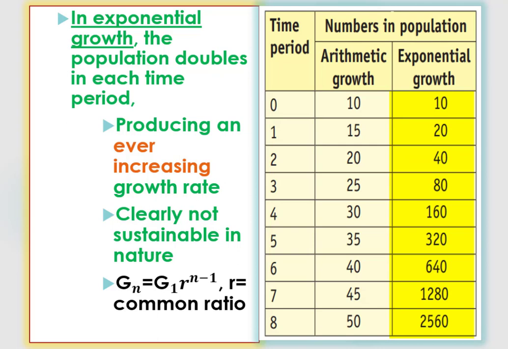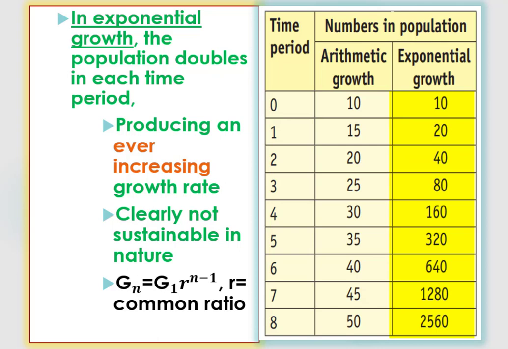When this 320 gets doubled, it gives us 640. When this 640 gets doubled, it produces 1280. And when these 1280 members of a population get doubled, it gives us 2560 members of a population.